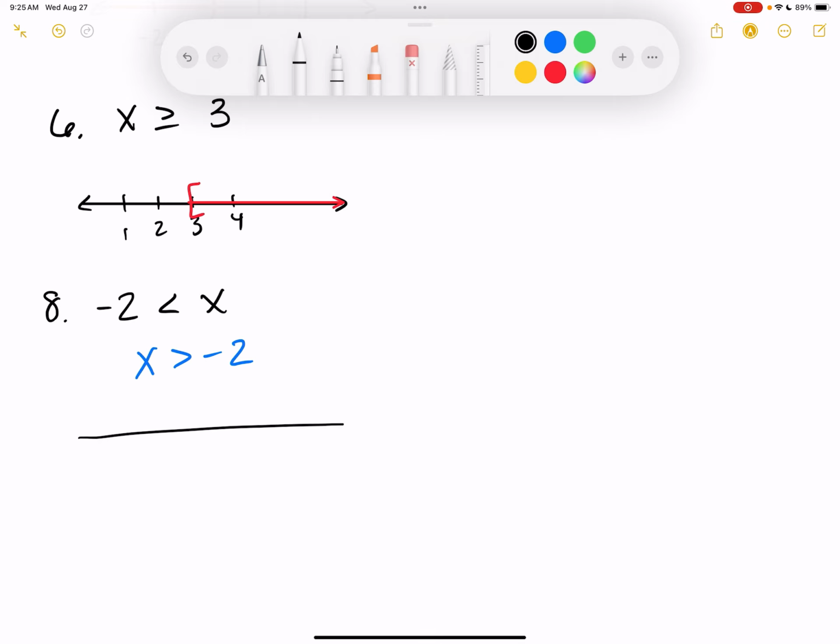Then set up our graph here. What is this one going to look like? Parenthesis on -2, open and going to the right. Yep, parenthesis on -2 going to the right.